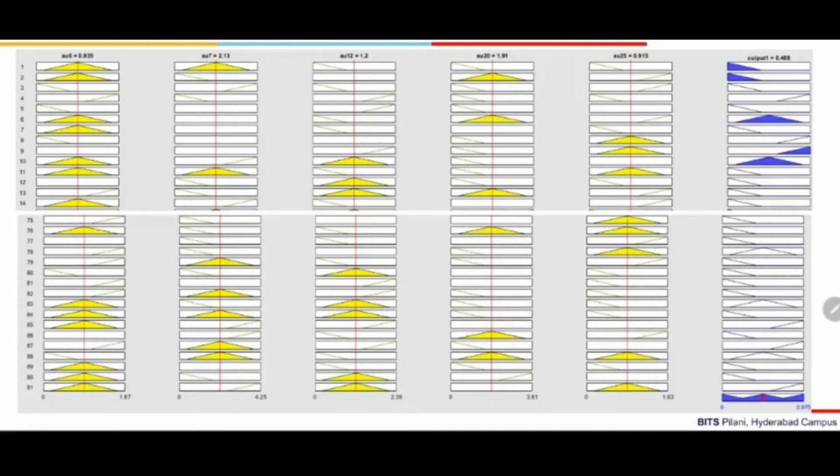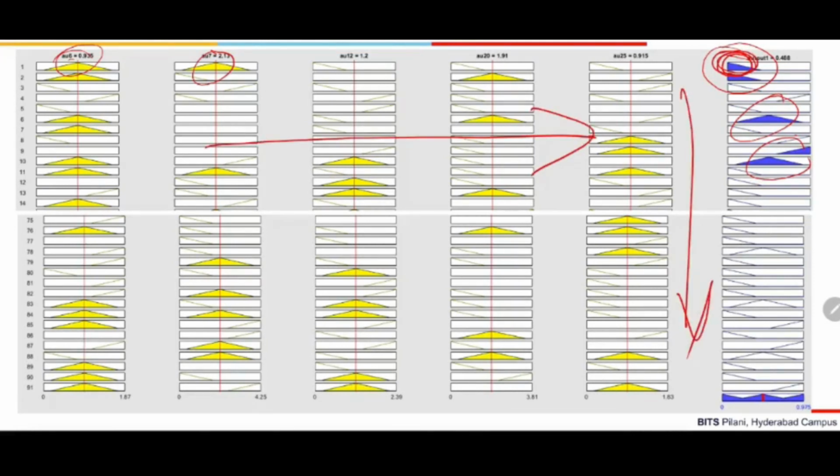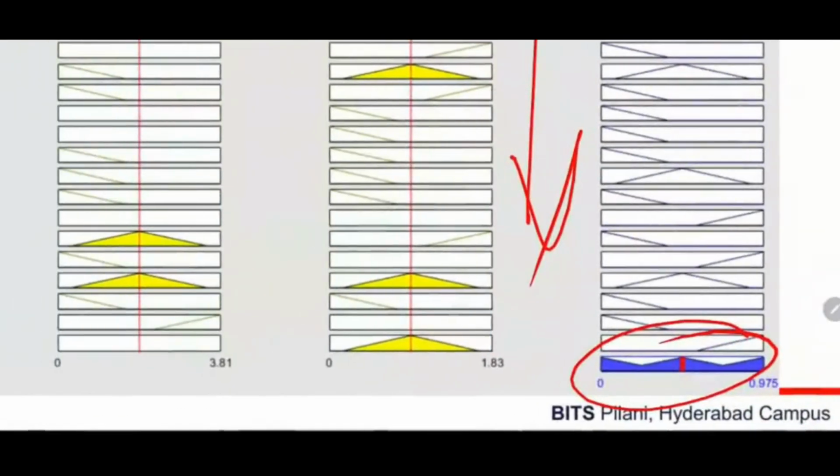So if you have some particular rules that are fitting for a situation, then if AU6 is MF2 and AU7 is MF2, and so on, then the output is MF1. It is mapped over here to MF1. So likewise, this is the implication process, this is the aggregation process, and finally you get the defuzzified one. And for the defuzzified one, you can see that you have chosen the centroid method. So for this kind of shape, we are taking the centroid principle. Okay.